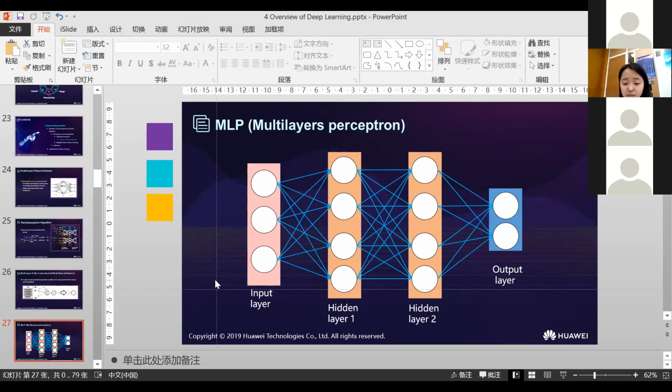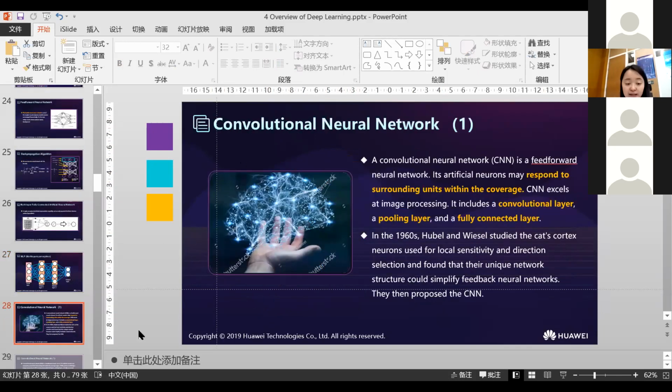Every neuron will receive all the information from the last layer, and it's a kind of feed-forward neural network. That is the multi-layer perceptron. And then what we're going to talk about is the convolutional neural network.